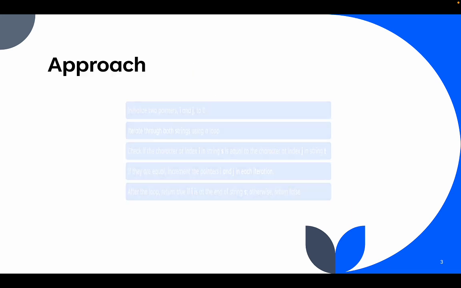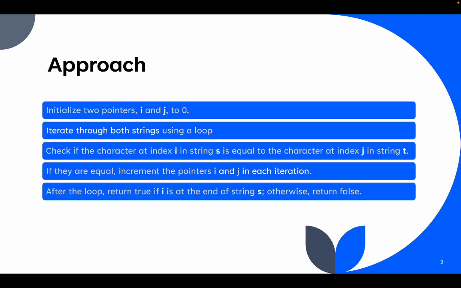The approach we're going to use is a two-pointer approach. We initialize our two pointers, I and J, to 0. Then we iterate through both strings using a while loop.